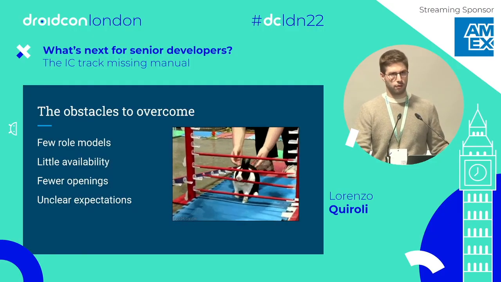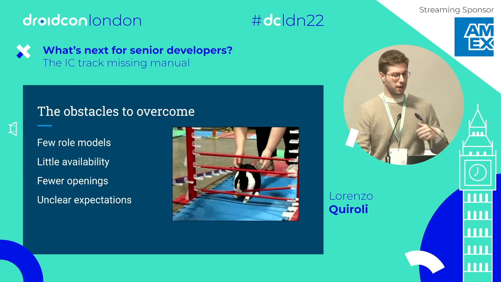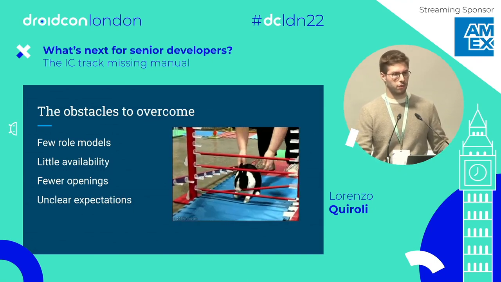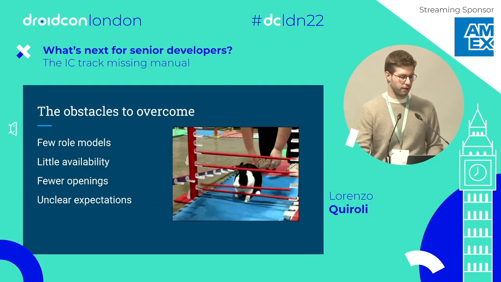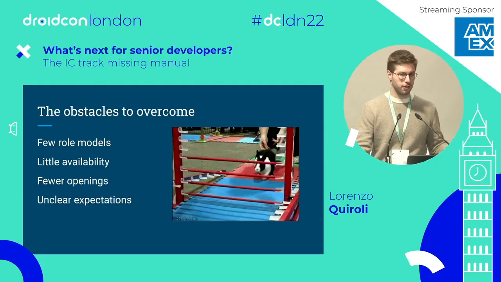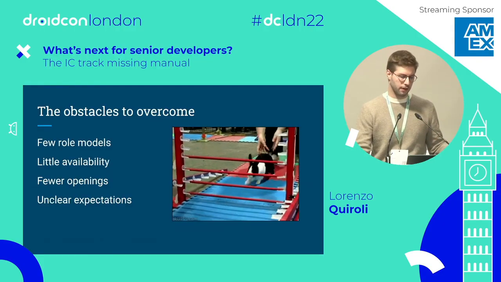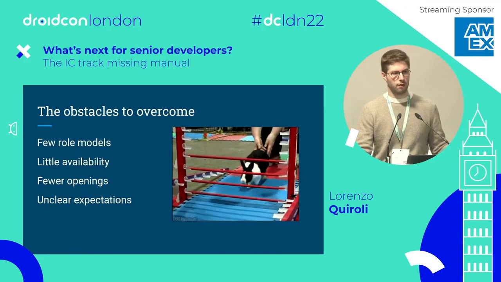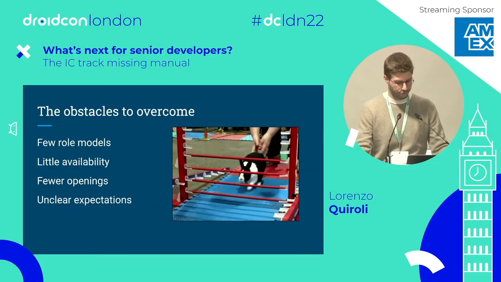There are also not a lot of job openings. There are some, especially in big tech, but it's way more difficult to become staff engineer by switching jobs compared to being promoted internally. Switching job is tricky. If you look at any job advertisement website, you will see that there are more senior developer openings compared to staff engineer openings.